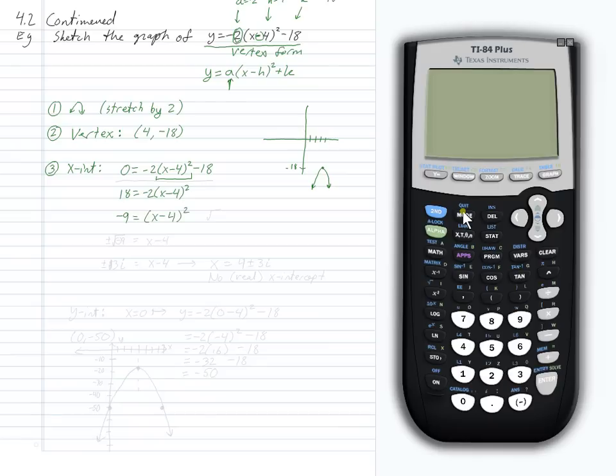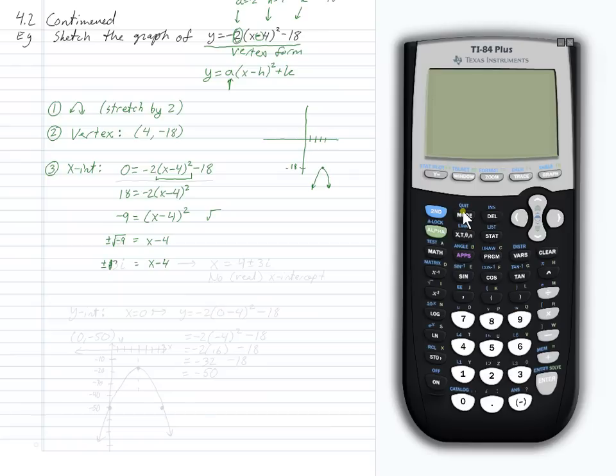Okay. So you may be able to see where this is going. Now I'm going to square root both sides, and we get x minus 4 equals the positive or negative square root of -9.